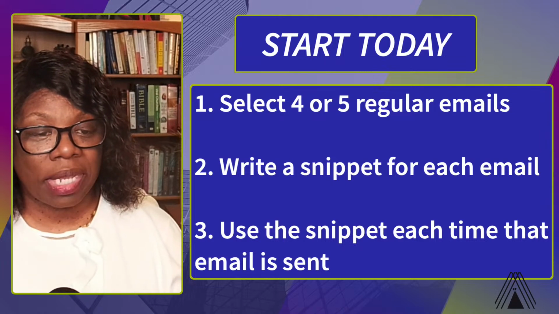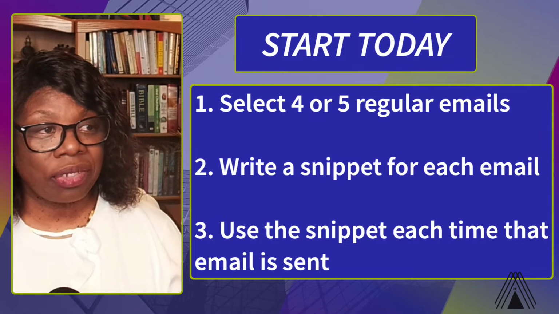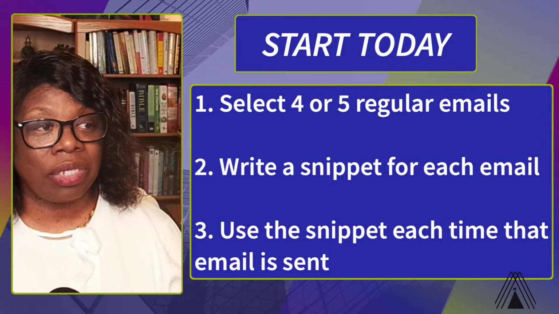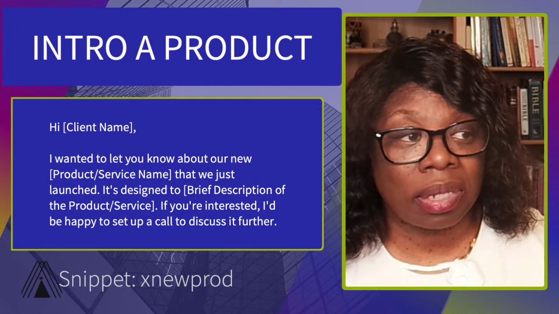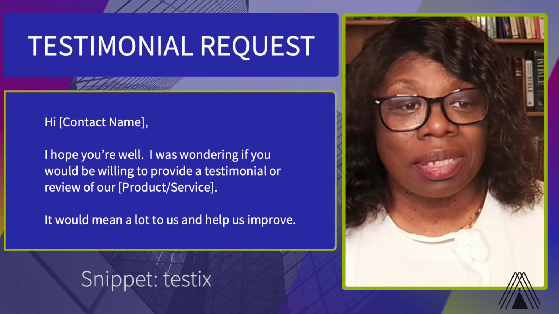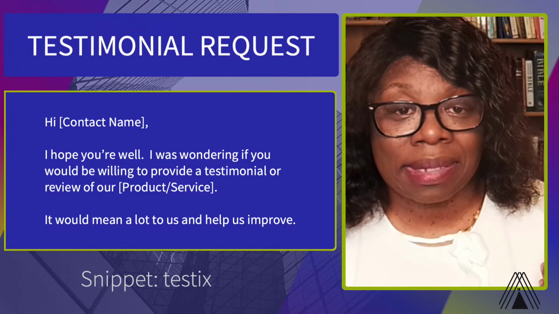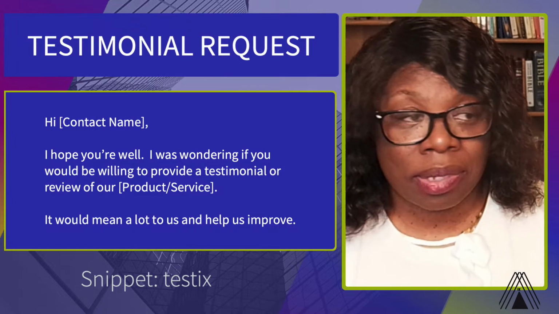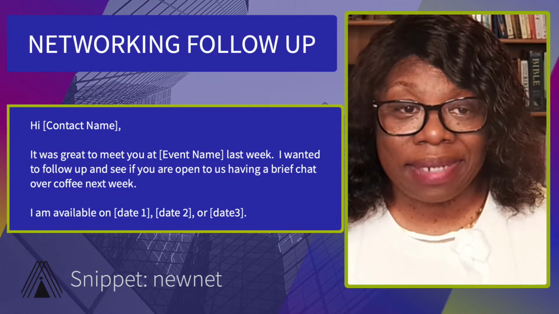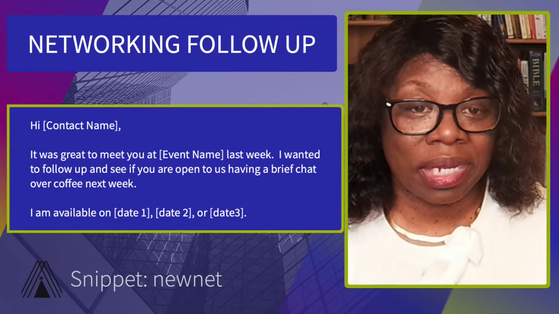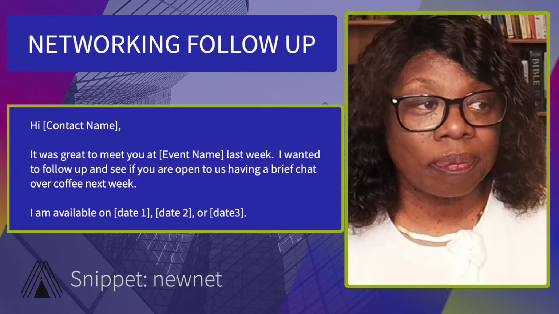Just as a quick reminder, some of the snippets I use: X new product if I'm introducing a new product, TESTIX for asking for a testimonial, New Net for following up from a networking event and meeting someone new.